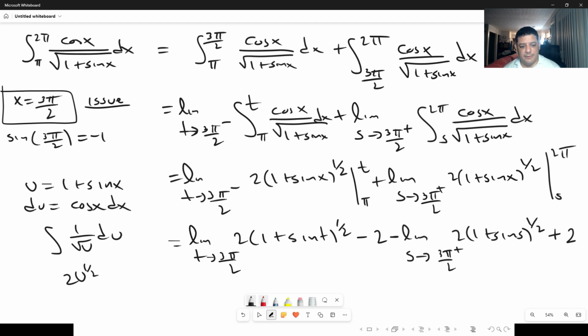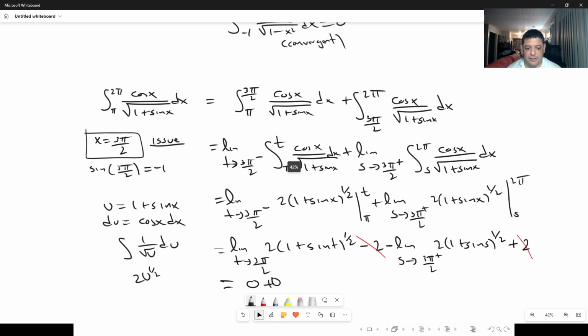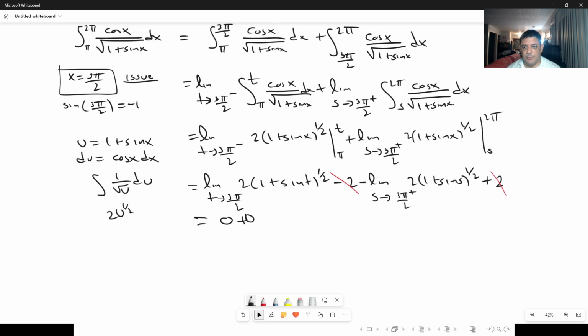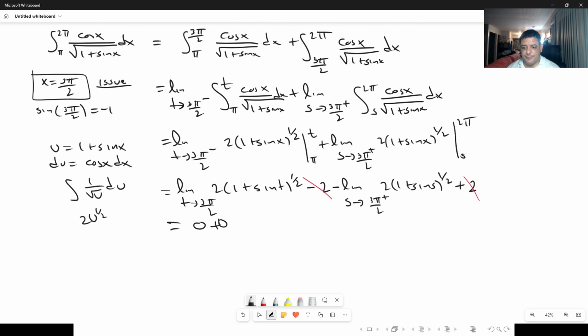And so now we have the minus 2 and the 2 that cancel each other. And then again, when this 3 pi half is plugged into sine of t, it becomes minus 1, so this becomes a 0. So again, we have a case of 0 plus 0. And then again, we have that this integral is 0 as well, and it's going to be convergent.